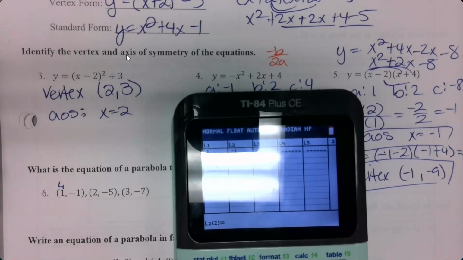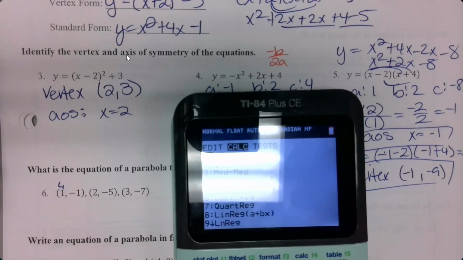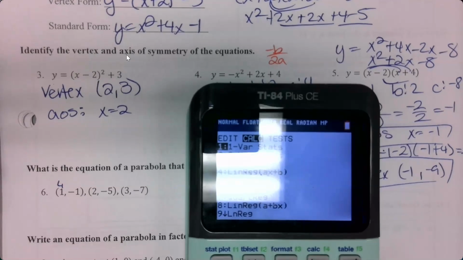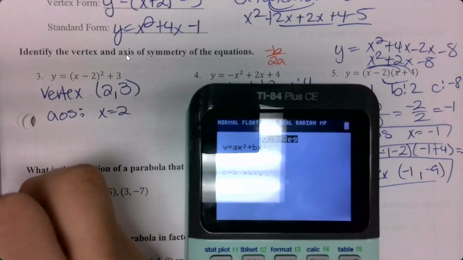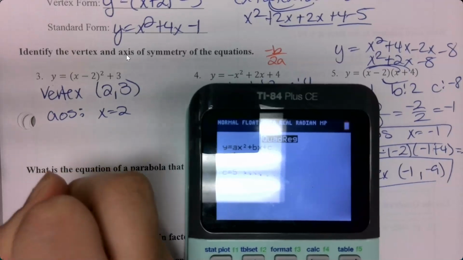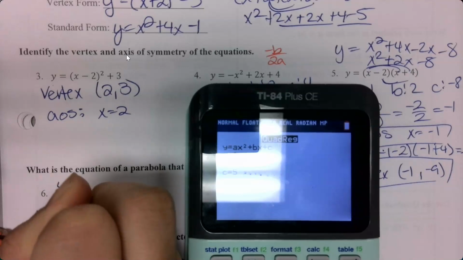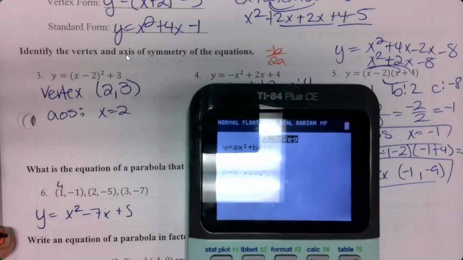And then I have -1, -5, -7. I go second quit to go home. I go stat and calc, and then I want to do quadratic, so I'm going to do choice 5. This is going to give me my equation, which is x squared minus 7x plus 5.